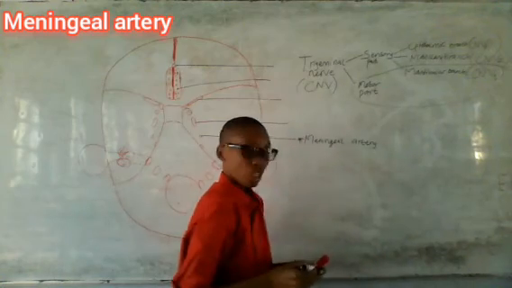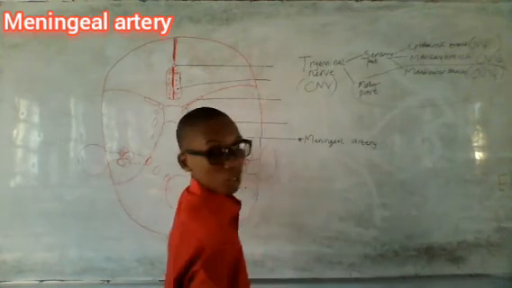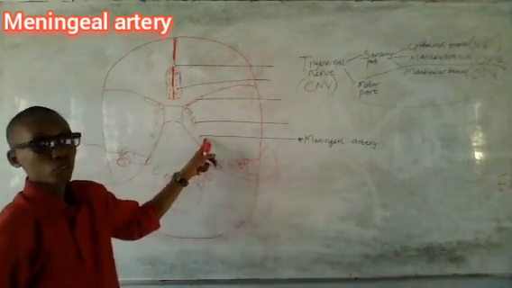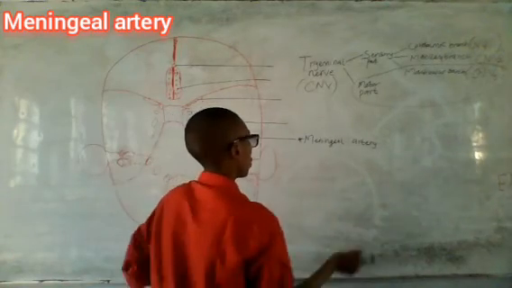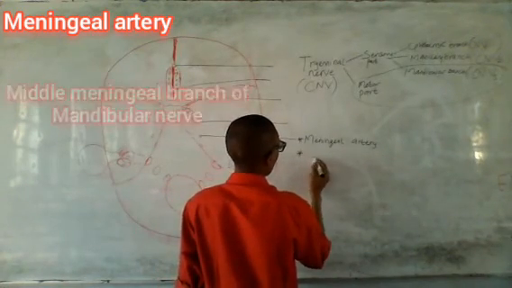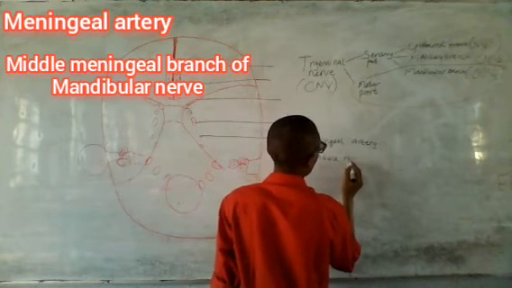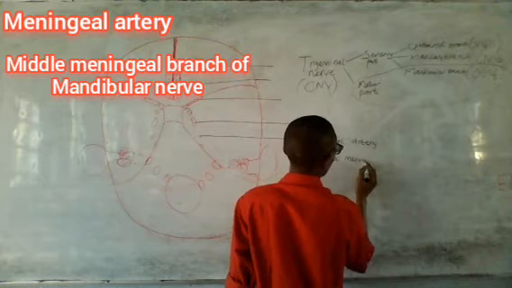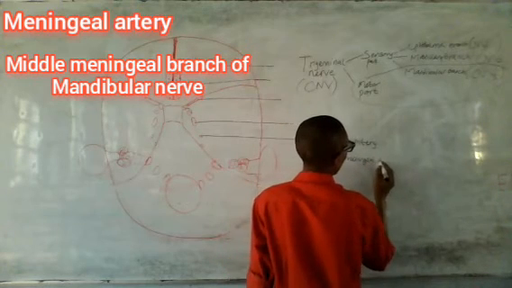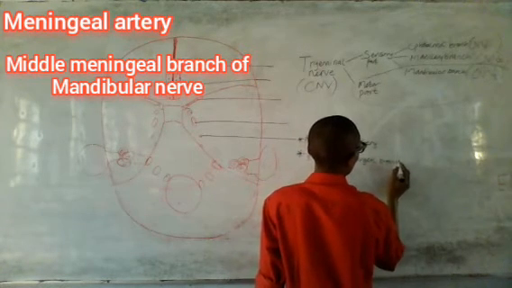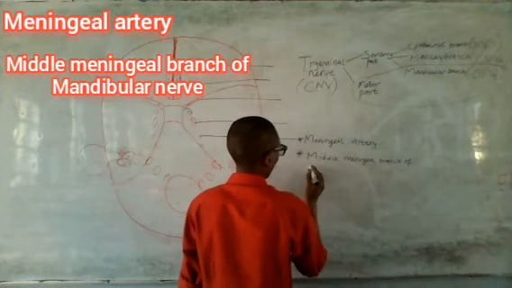It's one of the structures that pass through the foramen spinosum. The other structure that passes through is the middle meningeal branch of the mandibular nerve.